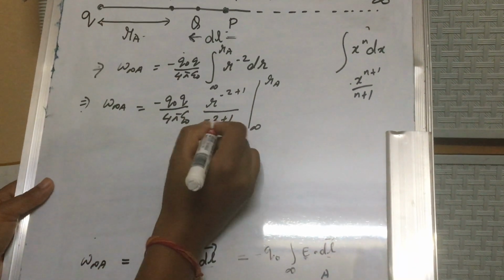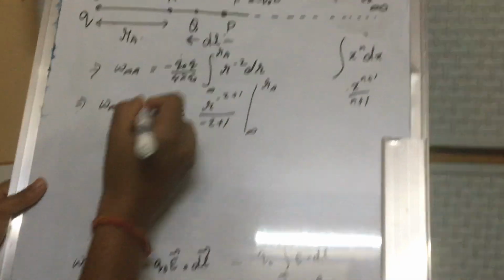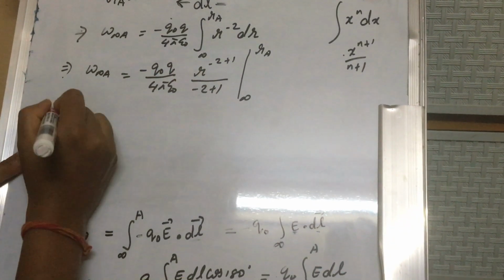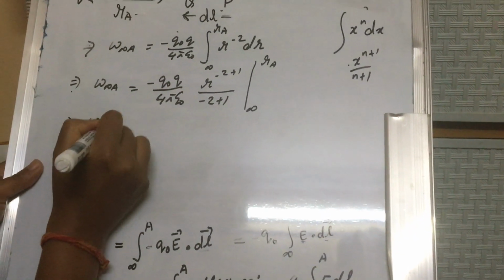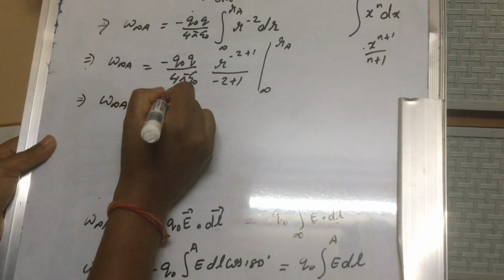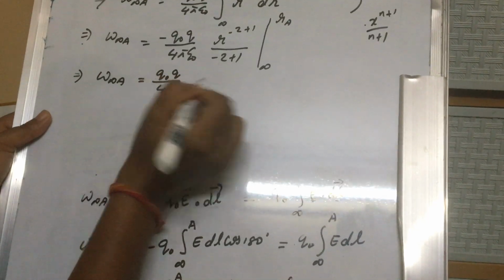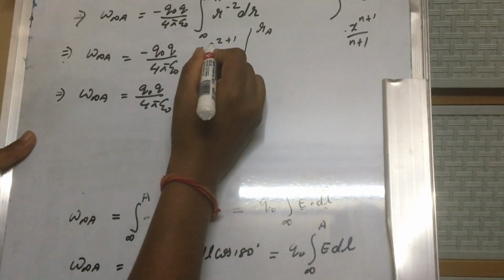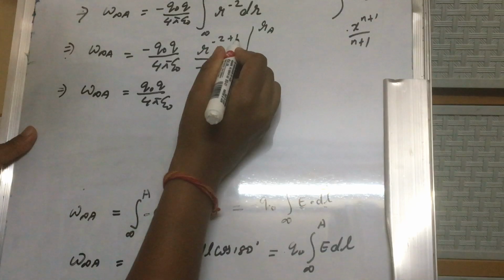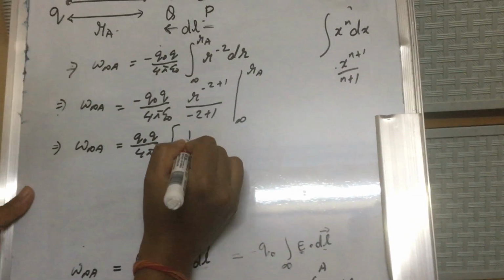Minus 2 plus 1 is minus 1, and the two minus signs cancel each other. So this will be Q0 Q by 4 pi epsilon naught, then r to power minus 2 plus 1, that is r to power minus 1.